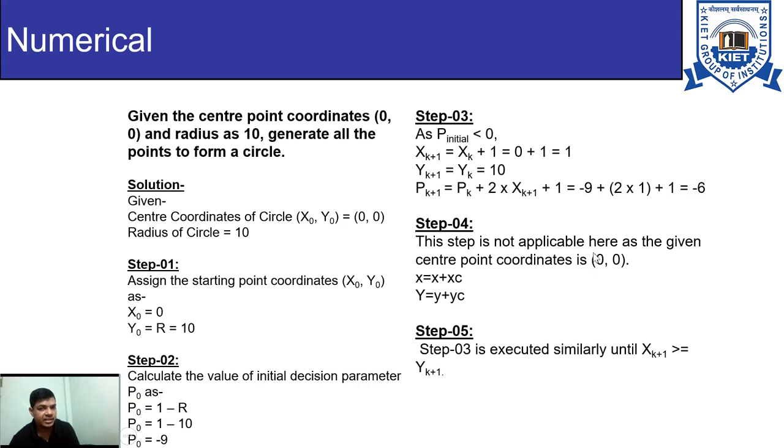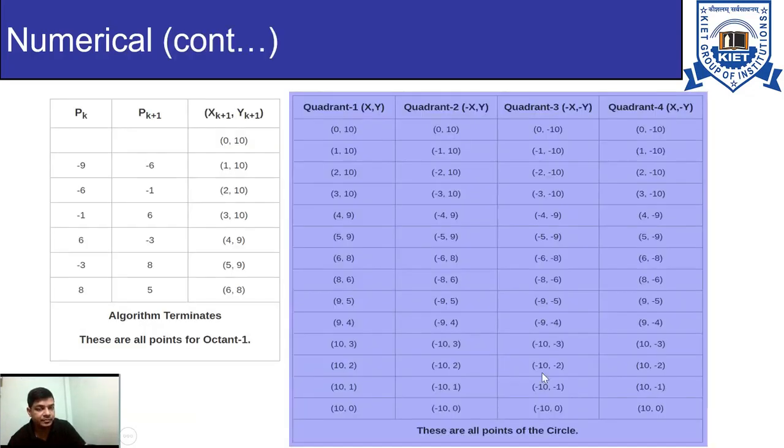And as we know, the circle that we are drawing is initially at the origin, and if we want to shift the circle to the center xc comma yc, then we have to add the value of xc to x and the value of yc to y, and we have to repeat this process until the value of x becomes greater than or equal to y.